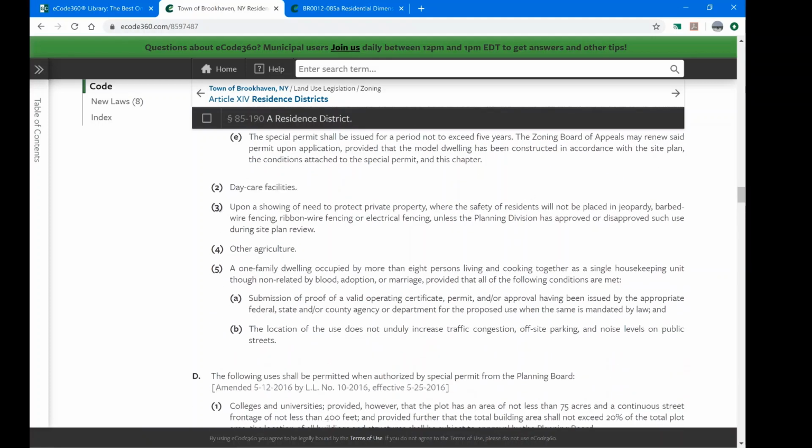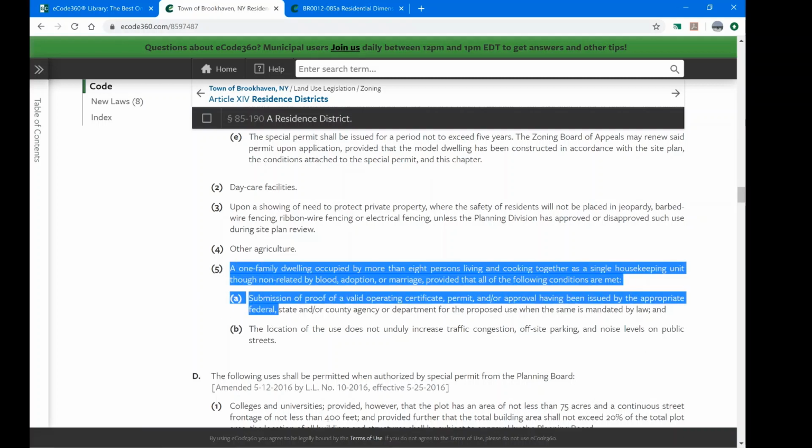Let's see. We have our electric and razor wire, agricultural use, and then we have the definition of a family. Okay, a one-family dwelling occupied with more than 8 persons living and cooking together as a single housekeeping unit, non-related by blood, adoption, or marriage, provided all the following conditions are met. You have to submit proof of a valid operating certificate, and the location does not unduly increase traffic congestion, off-site parking, noise levels.